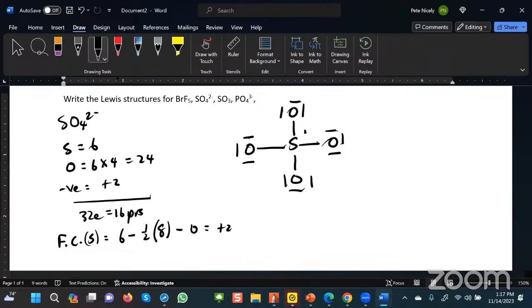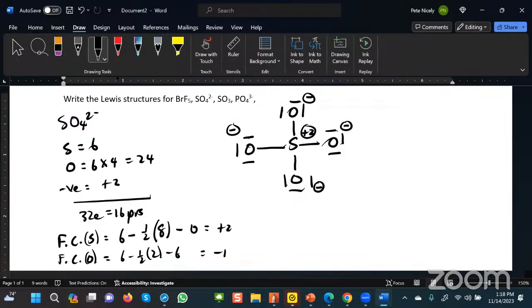So the sulfur will have a plus 2 charge. And what about the oxygens? That will be equal to what? Minus 1. 6 minus half of 2 minus 6 equals minus 1. So each oxygen will have a formal charge of minus 1.